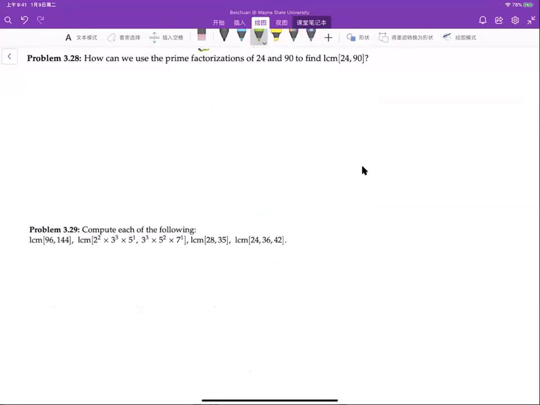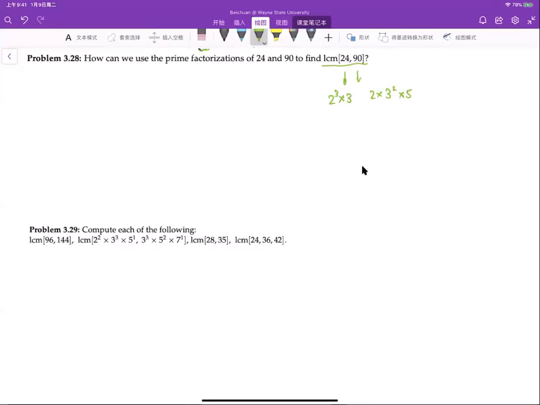Then let's look at the next problem. How can we use the prime factorization of 24 and 90 to find the least common multiple of the two numbers? All right, this is a very important technique. Because we're looking for a number that is a multiple of both numbers, if you consider their prime factorizations, 24 equals 2 cubed times 3, and 90 equals 2 times 3 squared times 5.